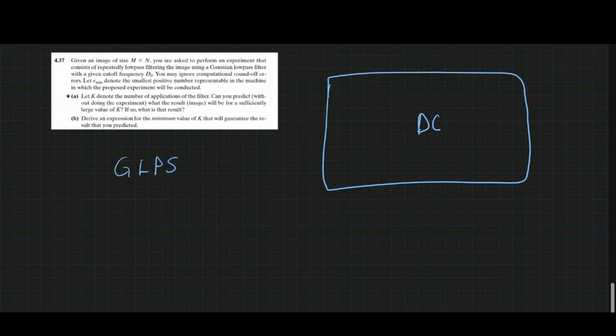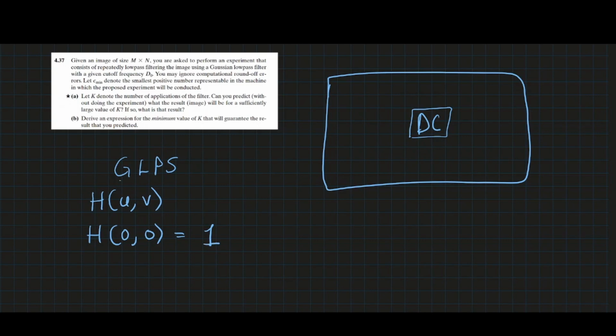For the Gaussian low pass filter, this is the formula in the frequency domain. At the center of the frequency spectrum, the value of the Gaussian low pass filter will always be 1.